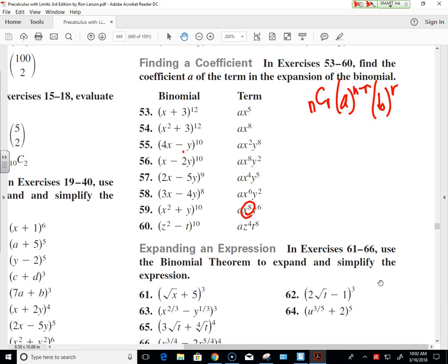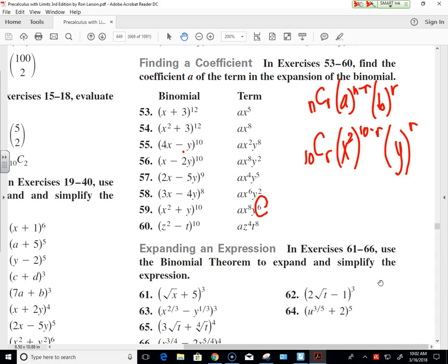So what I would say is don't look at the n minus r. I would say look at that. Because if I go plugging this in, I'm going to have n, which is 10. R, I'm not quite sure. A is going to be x squared to the 10 minus r. And y, positive y, is going to be raised to the r.